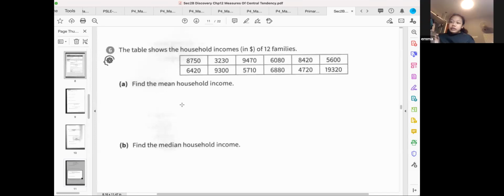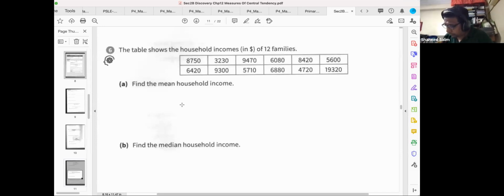Seven, eight, two, five. 72 point 7825. Okay, sorry, 7825. Well done, well done. Okay, so you found the mean household income. What's the median household income?